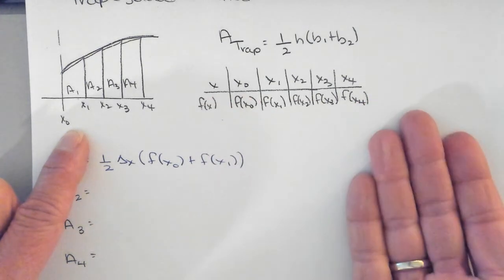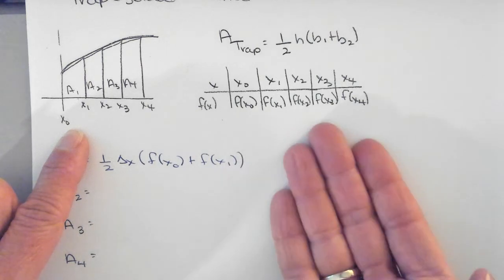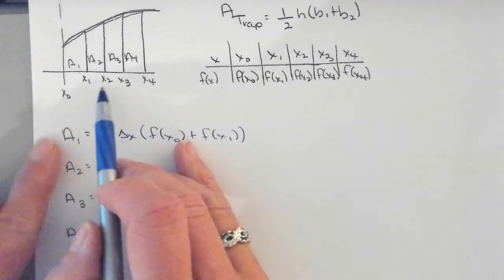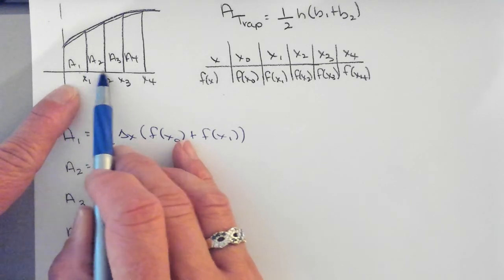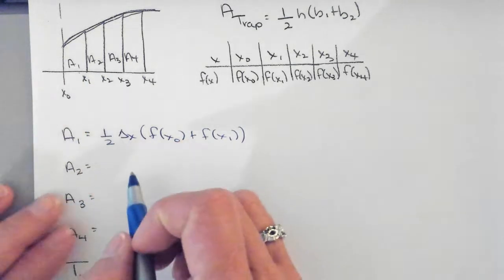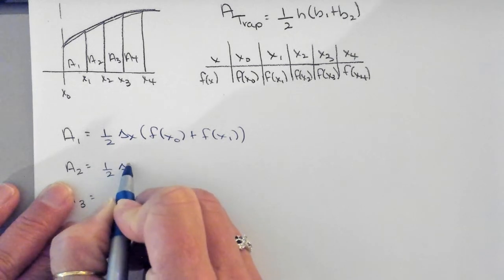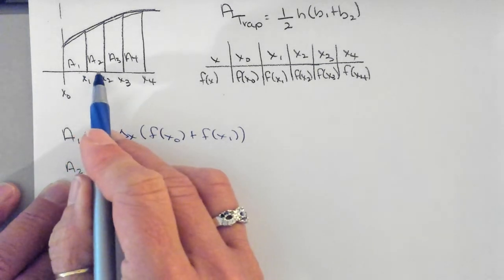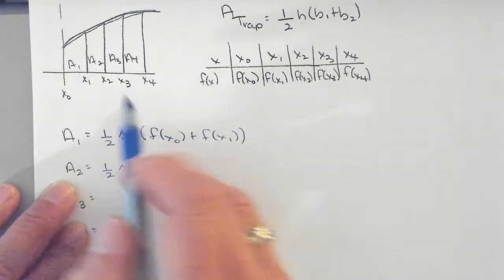Okay, so I created this table. Now keep in mind too, you could have more trapezoids, you could have less trapezoids, but this is just an example. So then when I move to the area of the next one, keeping in mind that delta x is going to be the same. Okay, it could be different. So if I were to continue, I would have 1/2 delta x, which represents my width, or in the case of the formula up here, it would be the height if I turn it on its side.